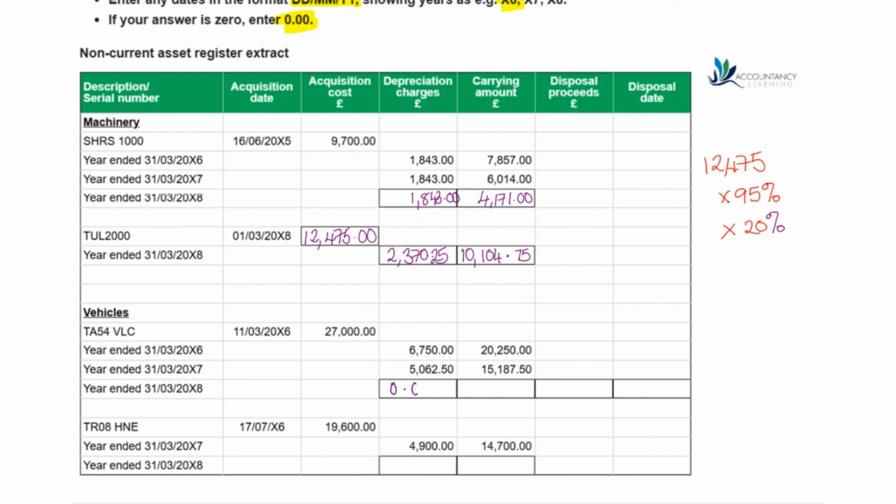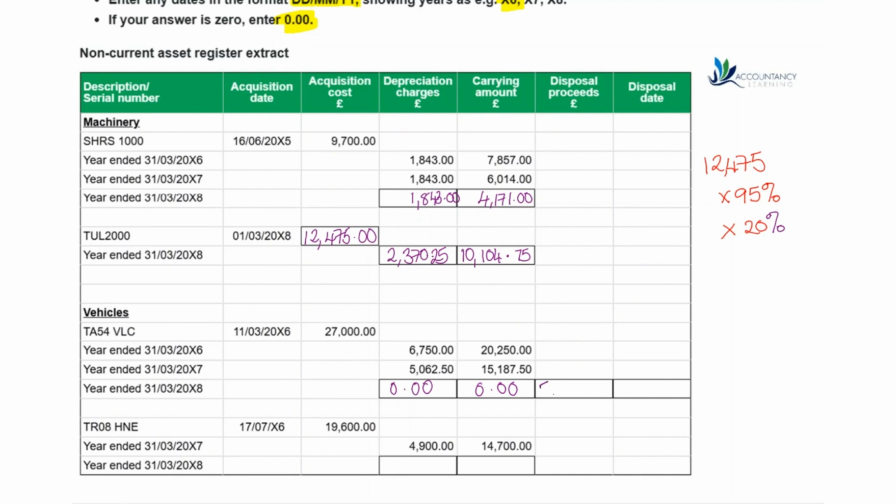So for the depreciation charges, we are going to show it at 0.00. Now the carrying amount, that's also going to be 0 because we've now disposed of the asset. We've disposed of that van. So again, it's 0.00 because it's been disposed of.